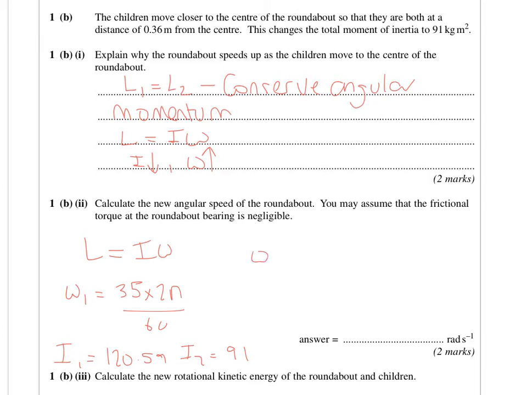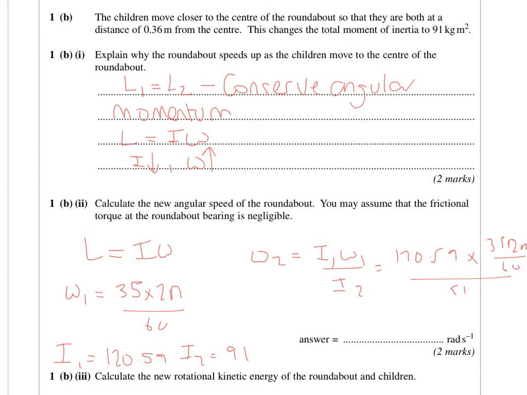So if we want to get the new angular speed, it's going to be I1 omega 1 over I2. So that's going to be 120.59 times 35 times 2 pi over 60, all divided by 91.